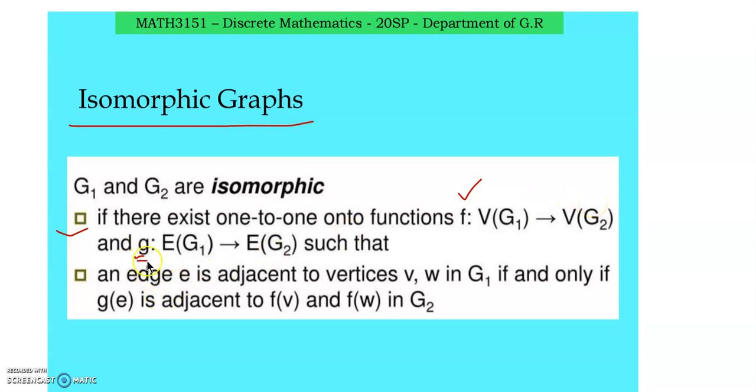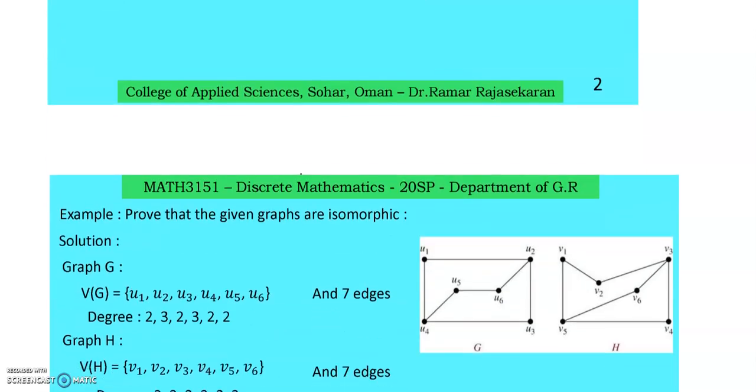The function g is from the edge set of the graph G1 into the edge set of the graph G2, such that the second condition is: an edge E is adjacent to vertices V and W in the graph G1 if and only if g of E is adjacent to f of V and f of W in the graph G2. We will see how the isomorphic graph conditions work in the given problems.